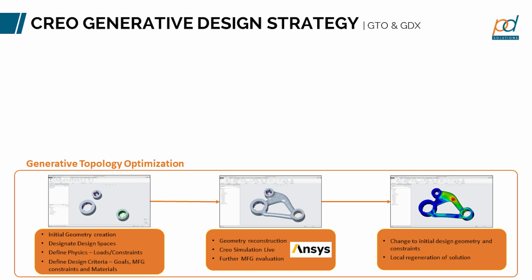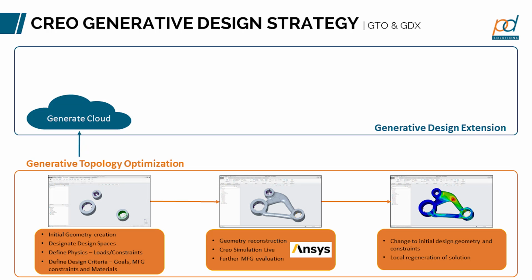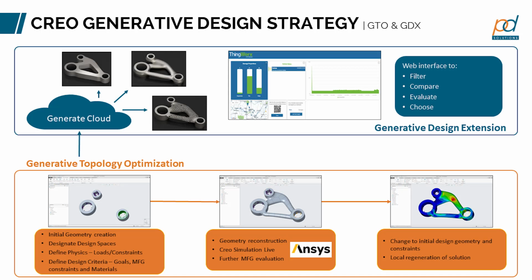So Creo GTO is a desktop package, so it runs locally on your laptop, desktop, etc. But there is also a version of it called GDX, and this runs in the cloud. So you start off on the local computer product and set up the model, but then you can upload it to the cloud.